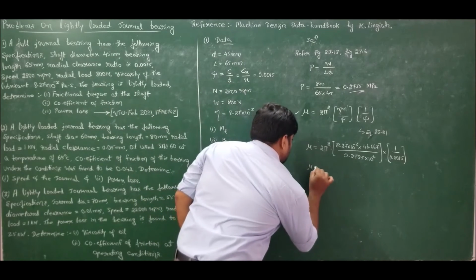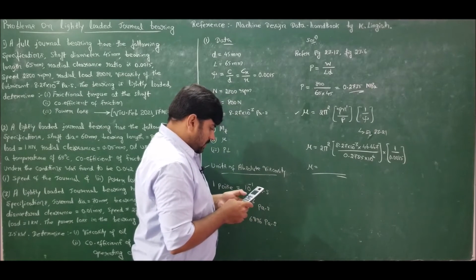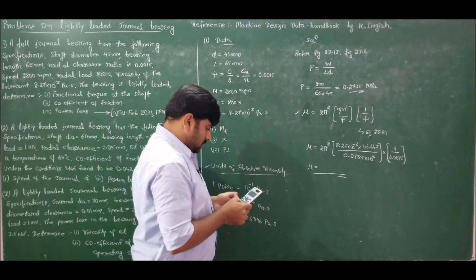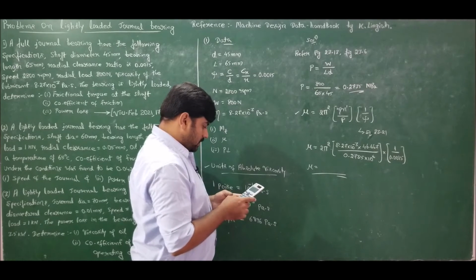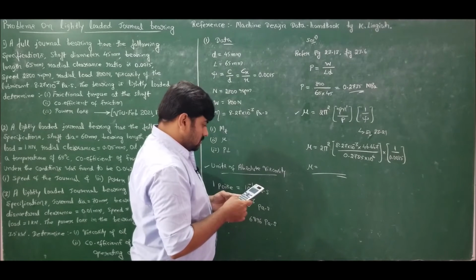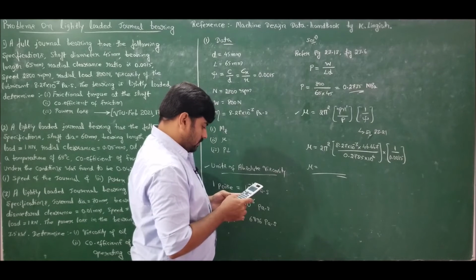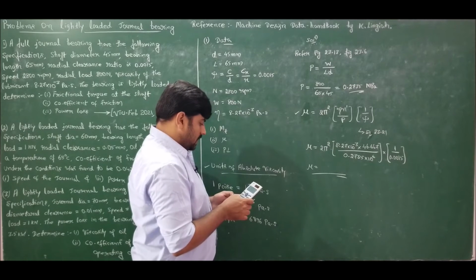Hence, if I solve, I will get the coefficient of friction, which is turning out to be 8.27 into 10 to the power of minus 3 into 2800 by 60, divided by 0.2735 into 10 to the power of 6, which is again multiplied by 1 by xi.